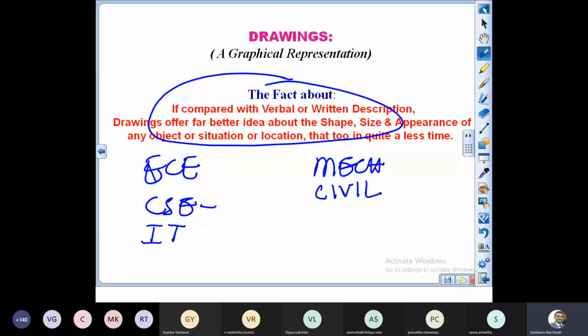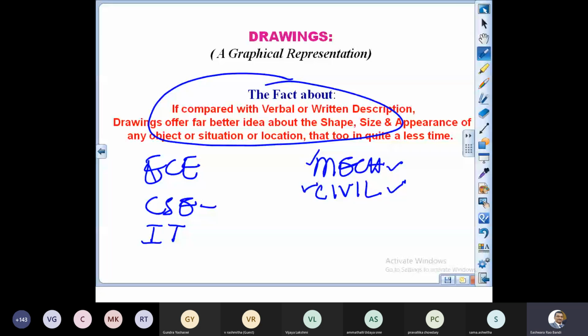Now see, only mechanical and civil will learn this engineering graphics for the whole 4 years with different names, because mechanicals will be having different subjects like engineering drawing, machine drawing, power drawing, and some other drawings. Civil also will be having the same subject in different manners.